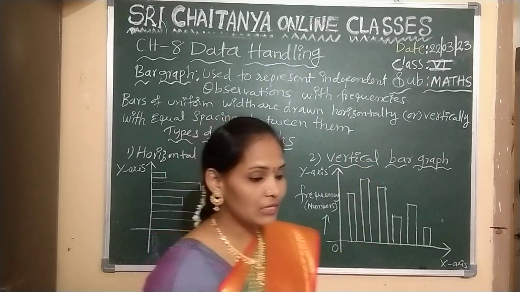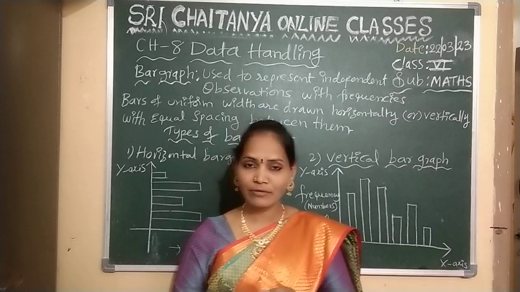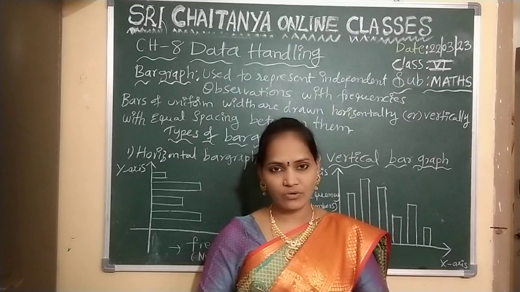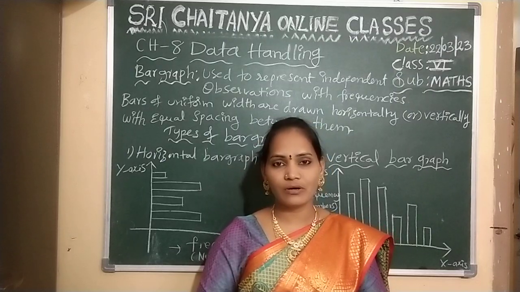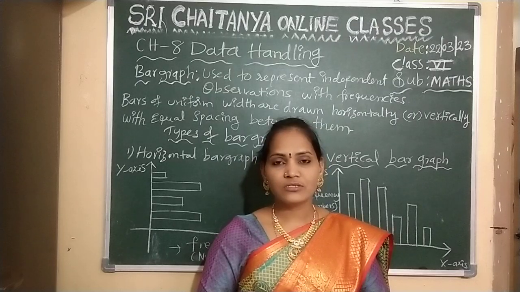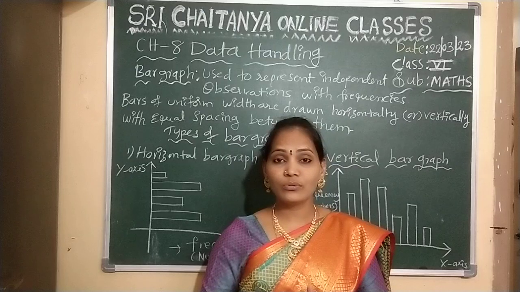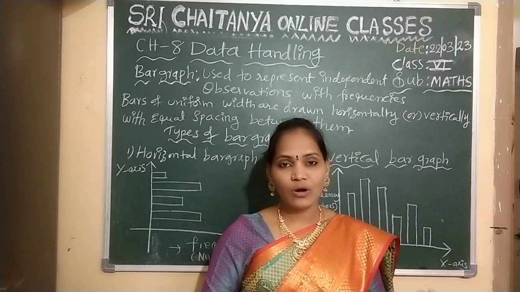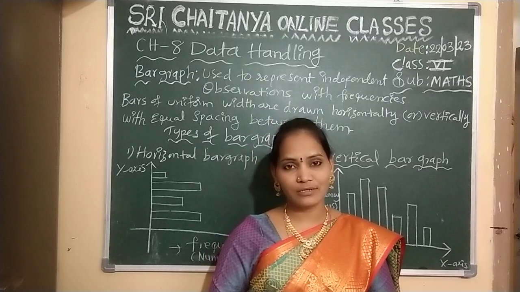Some students get confused in the questions. In the question they will particularly mention, draw the vertical bar graph for the given data, or draw the horizontal bar graph for the given data. Some students get confused about how to get it horizontally or vertically, and what to take on the y-axis or x-axis.